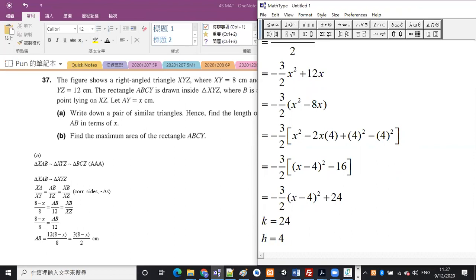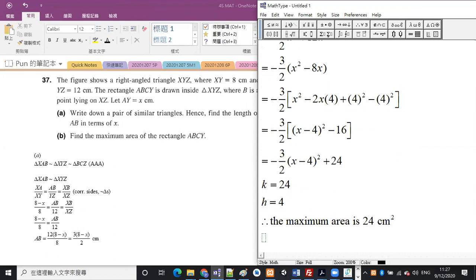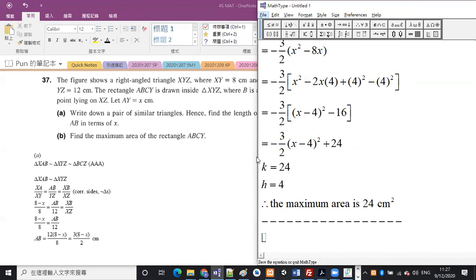And the question asks us to find the maximum area, that is the maximum function value, that is the k value. Okay, so the maximum area is just 24 cm squared. Okay, and the corresponding value of x is 4.